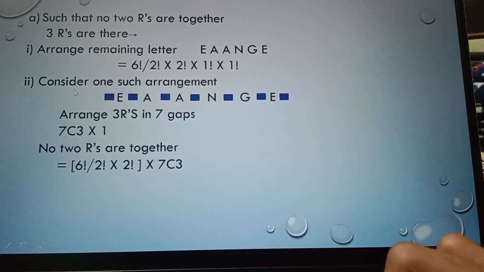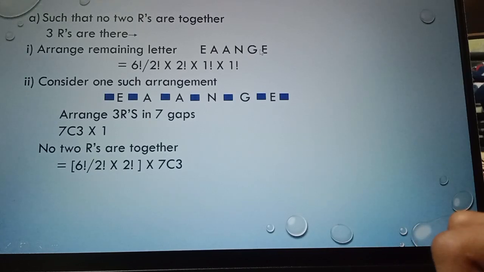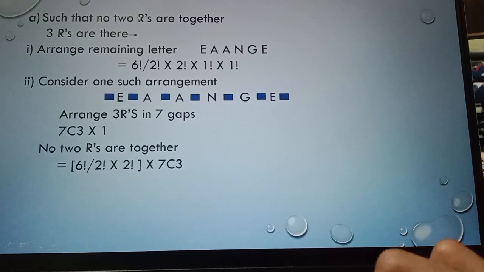The next step: consider one such arrangement. In that, how many places are there to arrange these 3 R's? There are 7 gaps, right? 1, 2, 3, 4, 5, 6, 7.